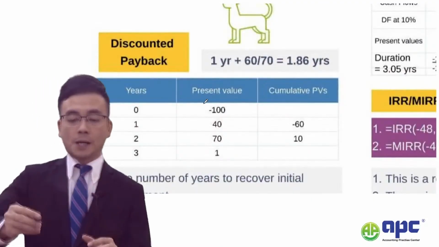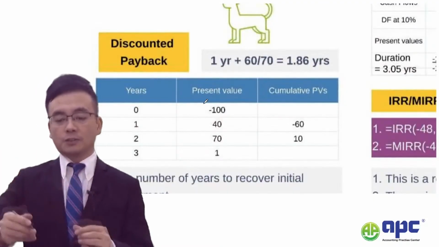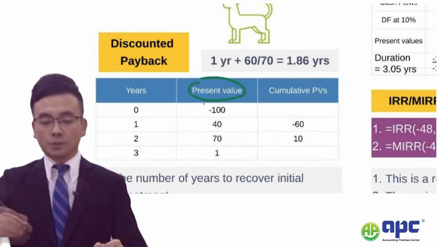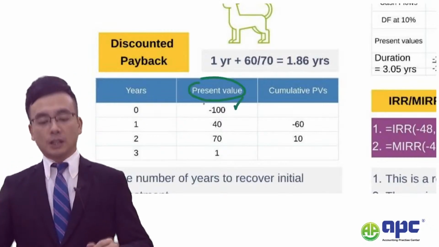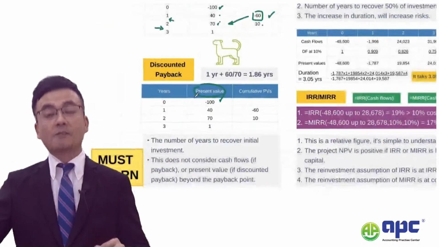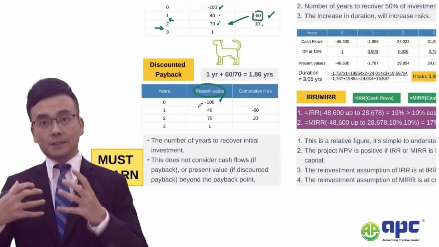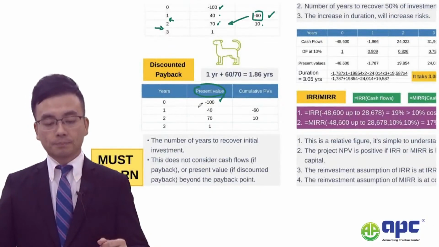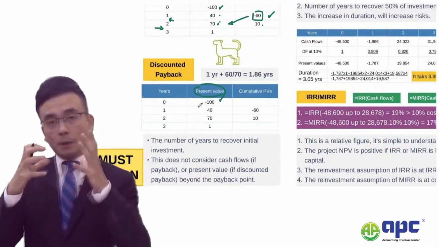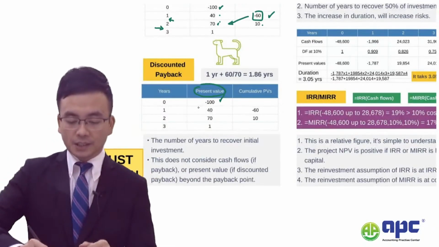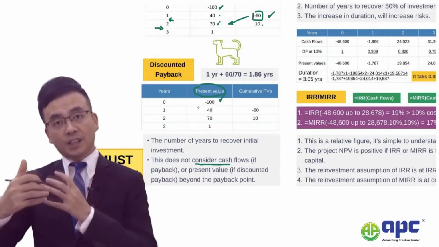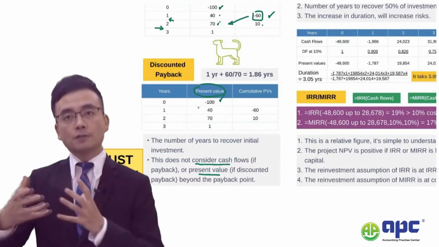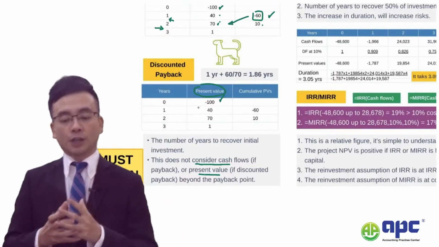In discounted payback, we change the future cash flows directly into present value, because we're discounting the future cash flows to today. However, both methods will not consider the cash flows beyond the payback point. So that's why we need to use NPV analysis to consider the overall profitability of a given project.